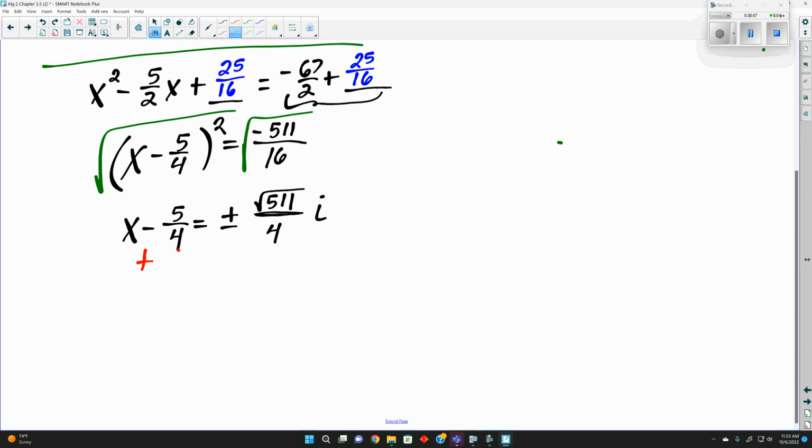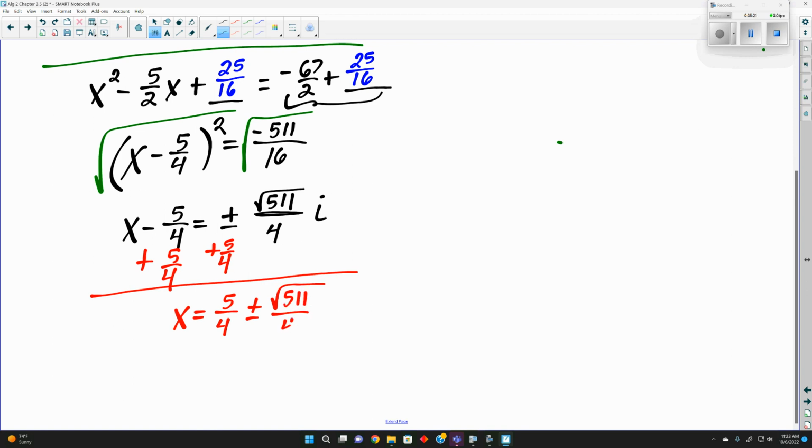But last but not least, we need to add 5/4 to both sides, which will tell us that x is equal to 5/4 plus or minus square root of 511 over 4 i. And that's it. The numbers aren't as nice, but the process, nothing changed.